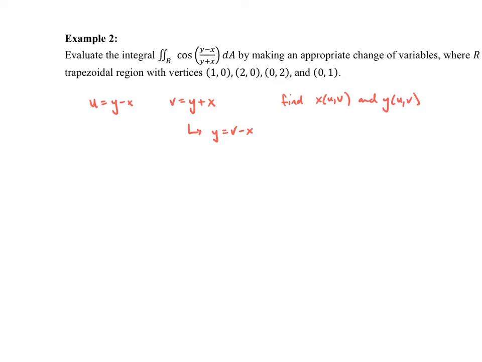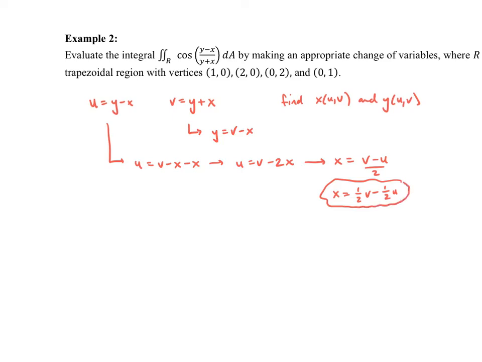If we plug v minus x in for y in the other equation, we get u equals v minus 2x. If we solve that for x, we have v minus u over 2, or maybe it's easier to write this as 1/2 v minus 1/2 u. There you go, that's our equation for x in terms of u and v.